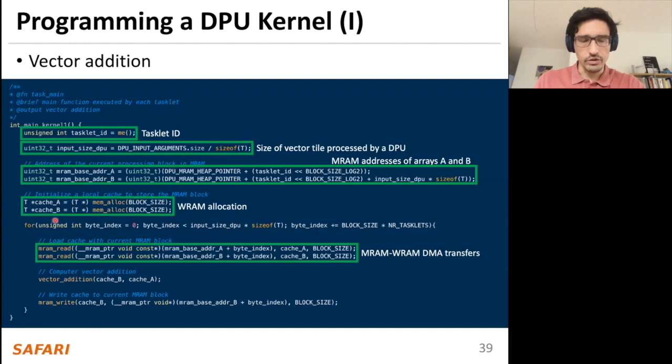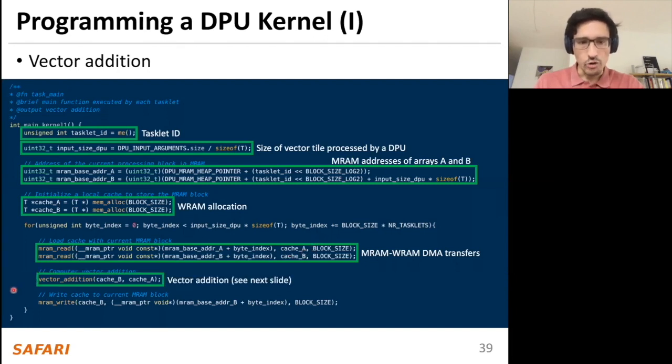So the next thing, already now inside this for loop, because we may need to perform multiple iterations here, is to move the data from the MRAM to the WRAM using this MRAM read that I mentioned before. In this case, we are moving chunks of block size. This block size must be a multiple of 8, and it's a maximum of 2 kilobytes.